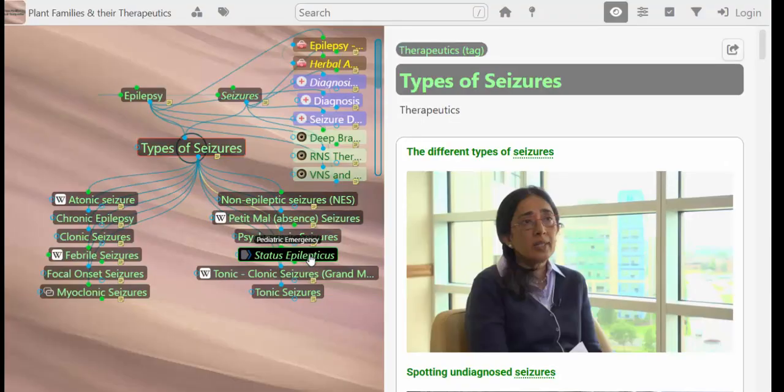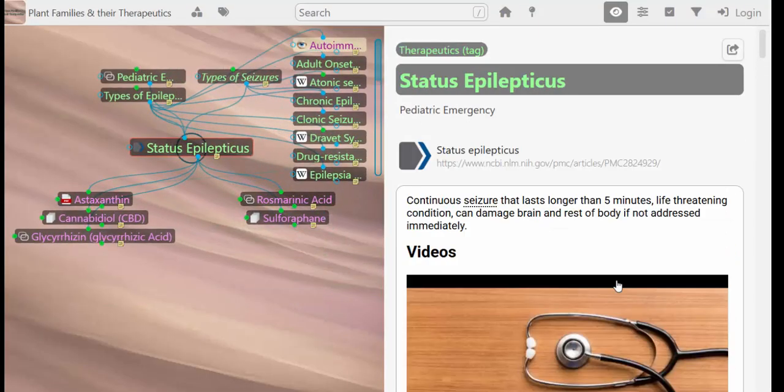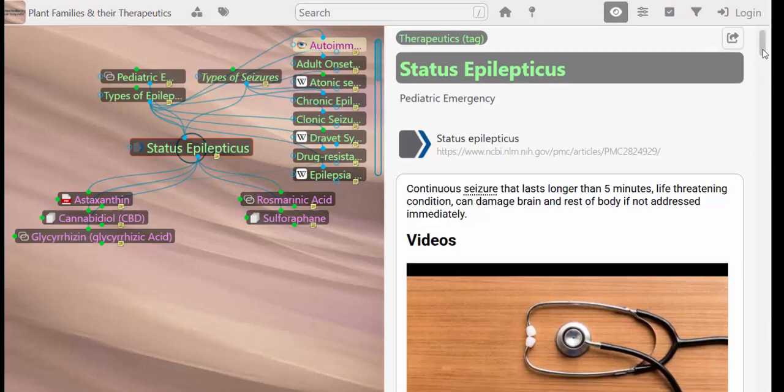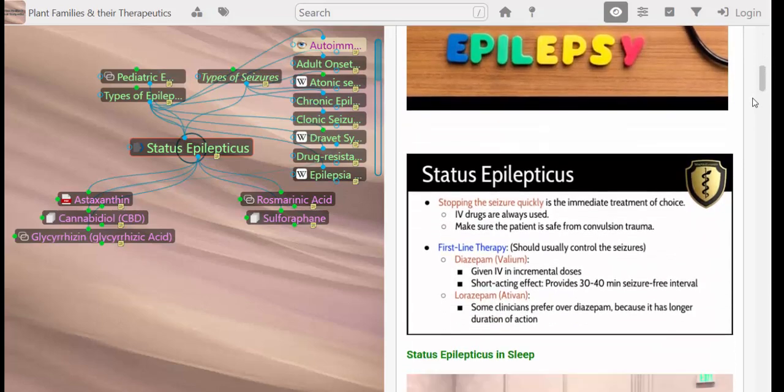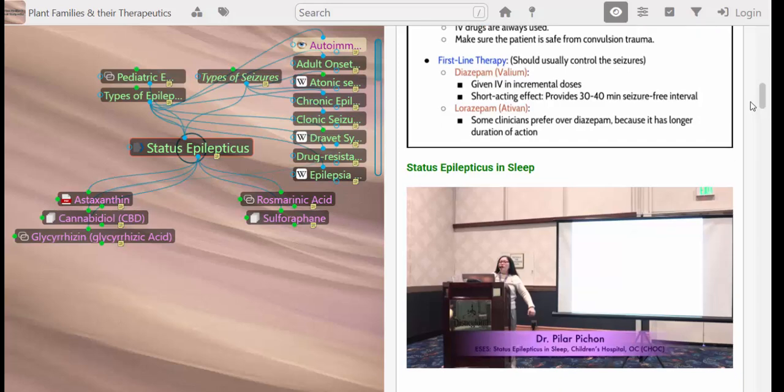Let's pull up status epilepticus. This is a continuous seizure that lasts longer than 5 minutes. It's life-threatening, can damage the brain and rest of the body if not addressed immediately. Some videos explaining it here. It can happen in sleep.